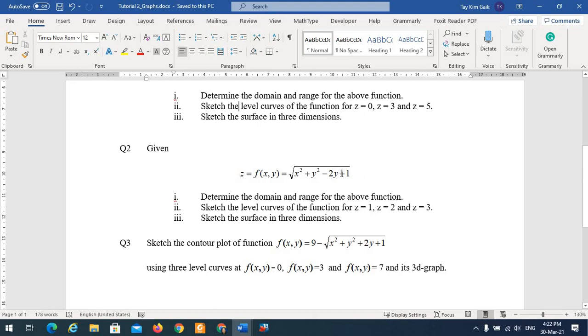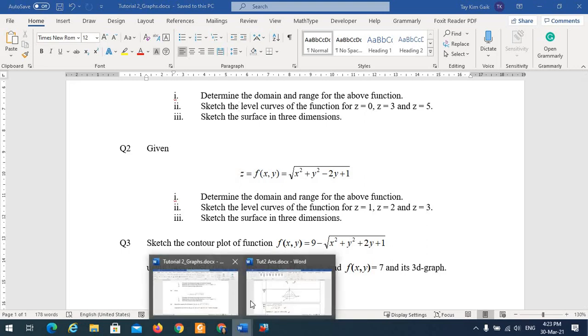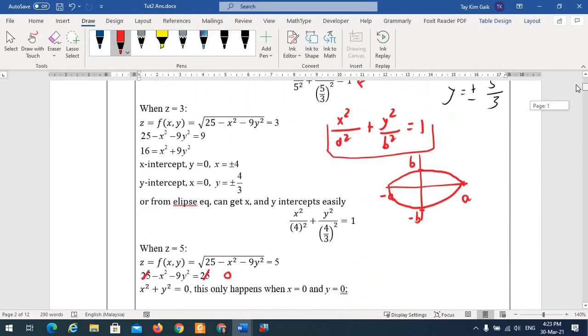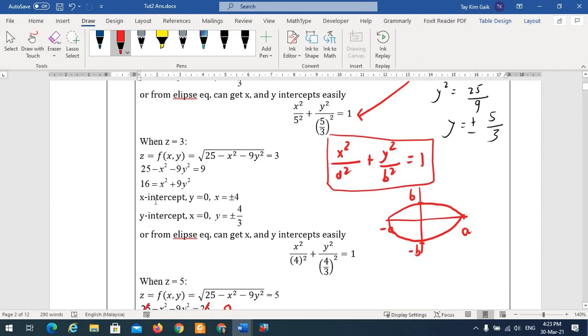Question 2 and 3, you have to do completing the square, and then you let z equal to 1, z equal to 2, z equal to 3. And then similarly you can find the x-intercept and y-intercept, letting y 0 and x 0.